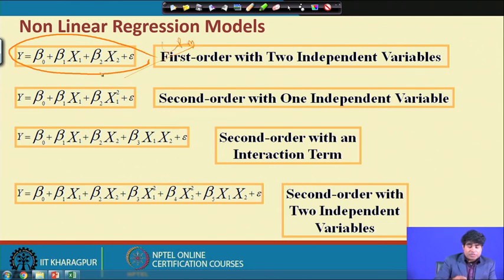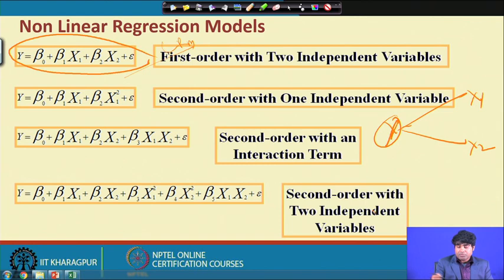So, it is actually having a linear relationship between y and x1 and x2. If that is not the case, then in our basket we have y, and it will be connected with x1 and x2. So, that means typically you may have two different models, or three different models.